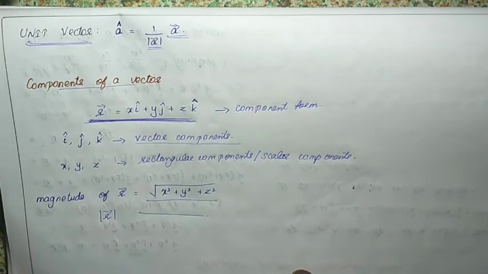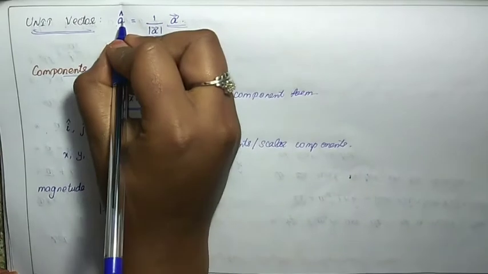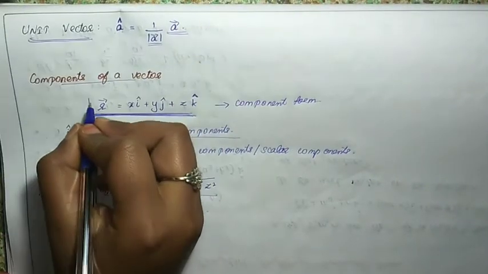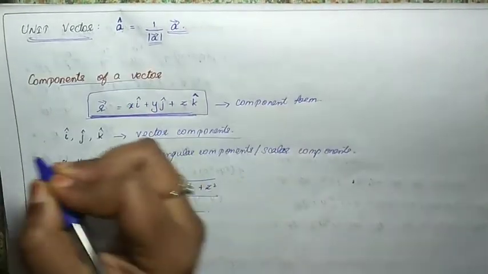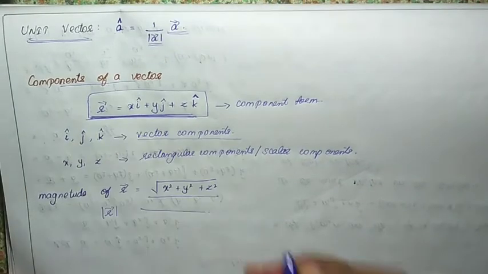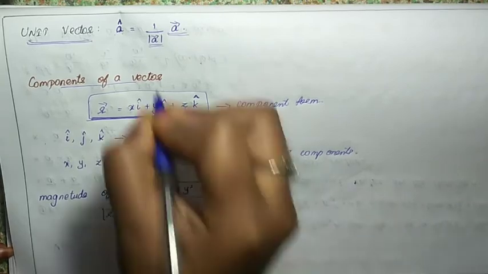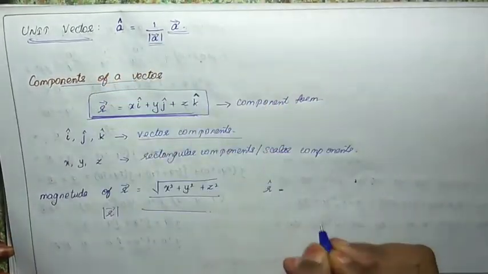As I said, I will be teaching you how to calculate the unit vector. I will be doing it now, so listen carefully. Here I said this as a cap. Now let me find the unit vector for this one. Let me have it as r cap. So r cap equals, as I said, 1 by mod of this.